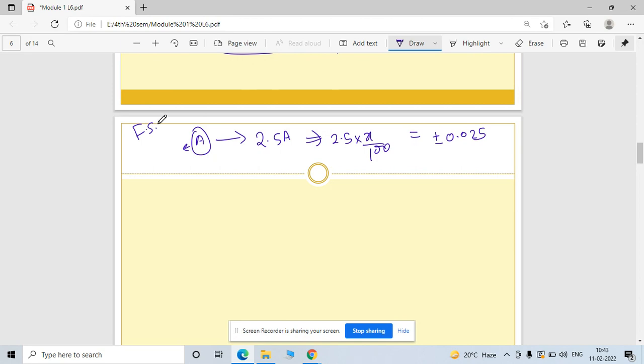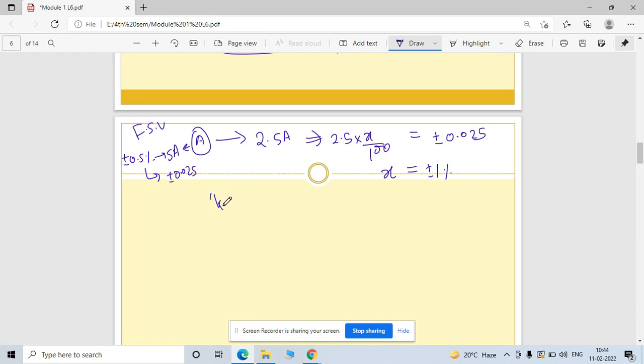Plus minus 0.5% is for 5 ampere. In terms of absolute error you will get 0.025. Same way, for this x value you will get plus minus 1% when you solve this problem. For the voltmeter, I have already told you.